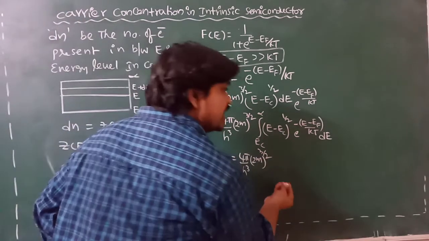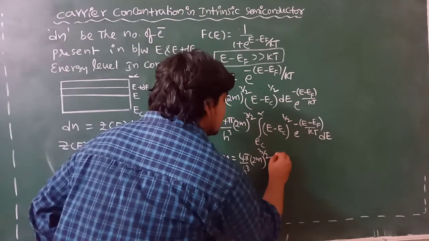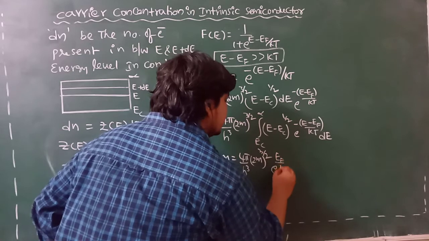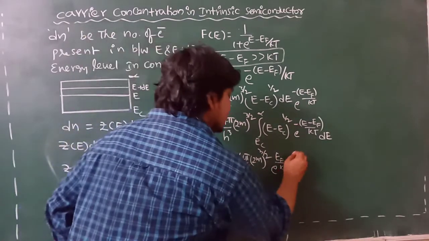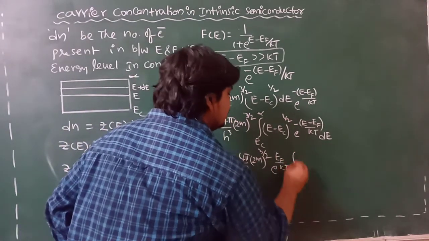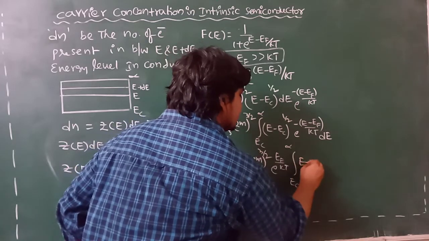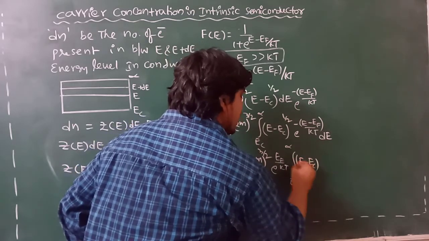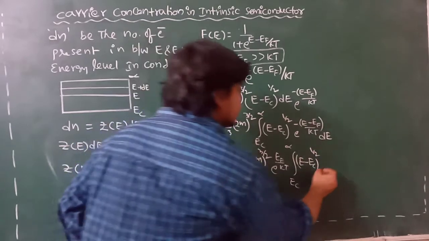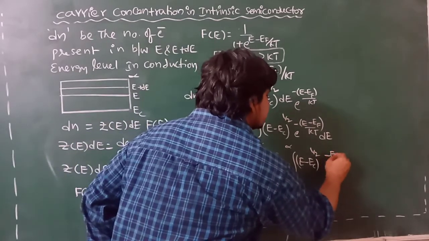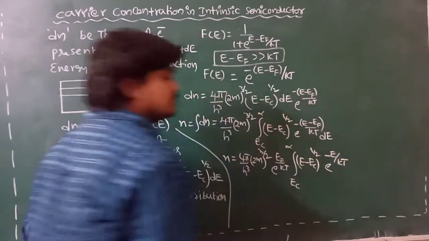So I can write e power plus EF by kT outside, the integral from Ec to infinity of (E minus Ec) power 1 by 2 e power minus E by kT.